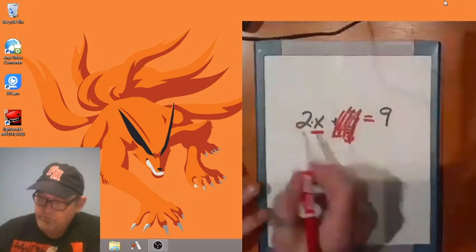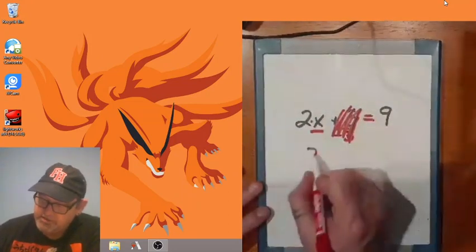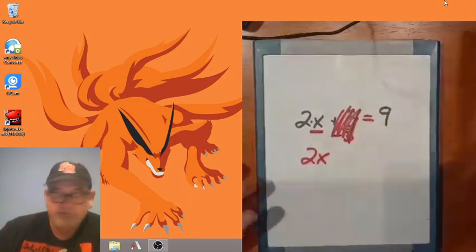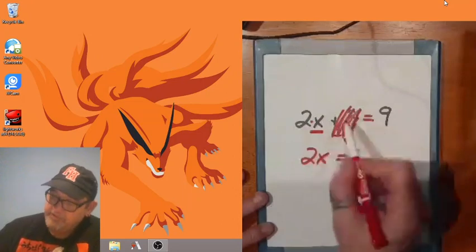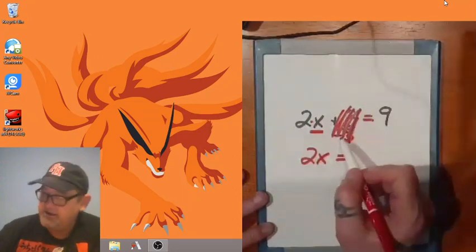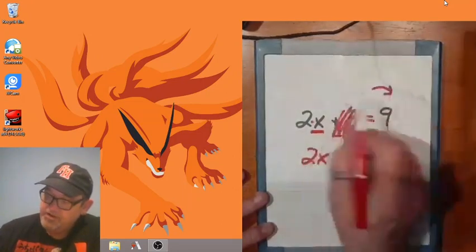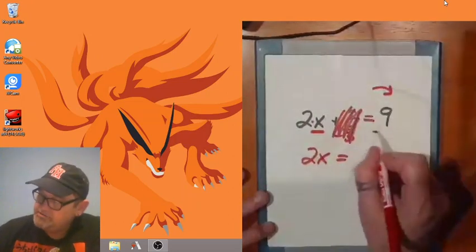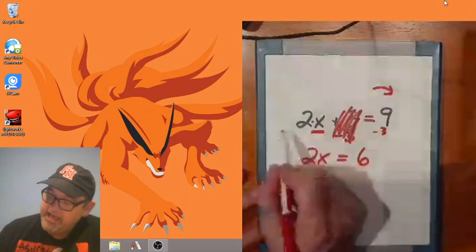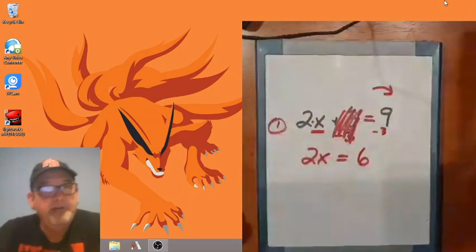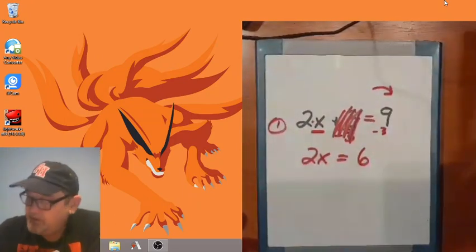Now I haven't done anything with the 2 times part yet, so I'm just going to bring that down. 2x equals, and then I have 9, but don't forget I subtracted 3 on this side, so I'm going to have to subtract 3 on the other side as well. So minus 3, that leaves me 6. So that was step 1 of our 2-step equation.